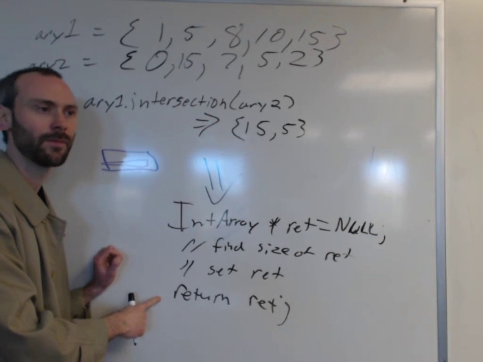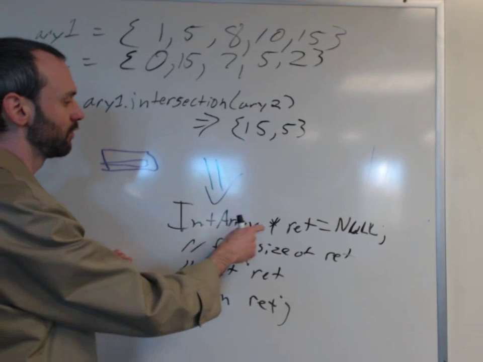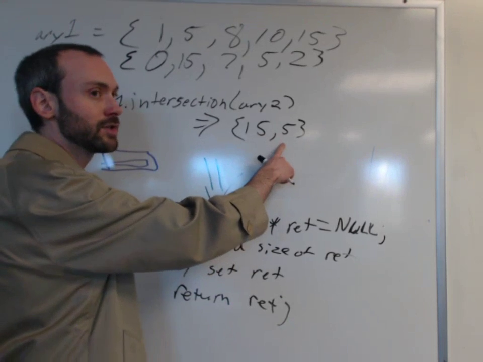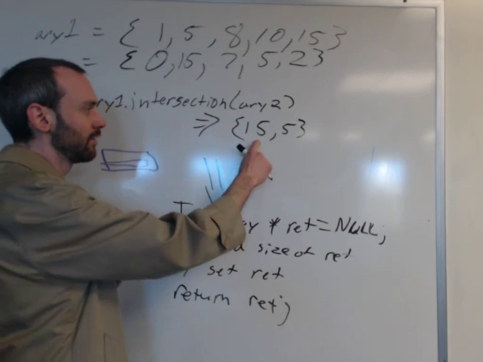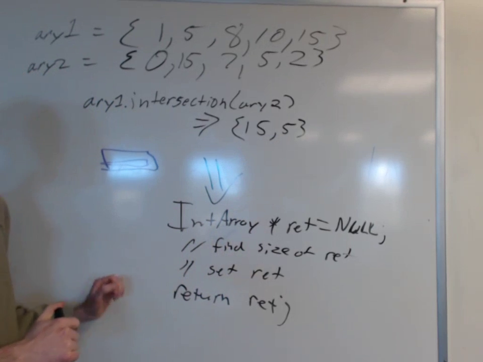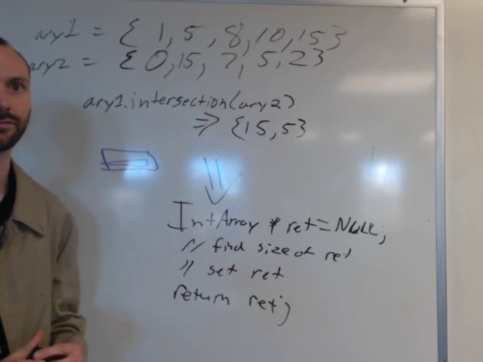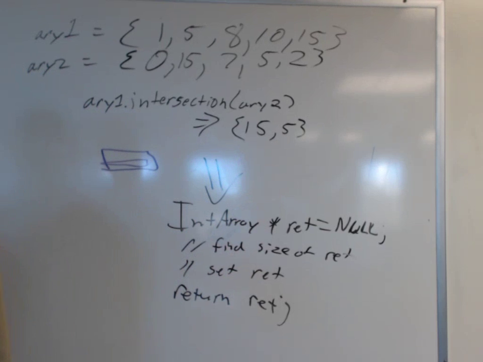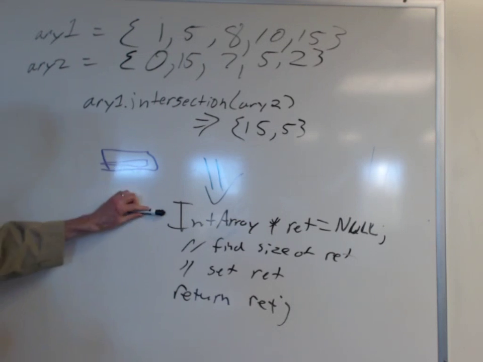First, find the size of what the intersection is going to be, aka here it's 2, and then set 15 and 5 inside of there and return it. There are other ways to do this. This is one way too, but normally I would let you figure this out, but I want to get y'all started here with thinking about what to do, because it can be really tricky.